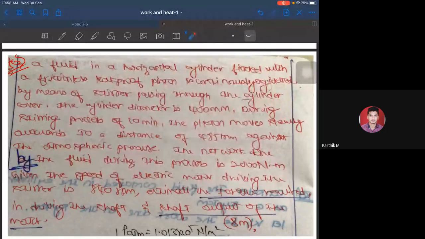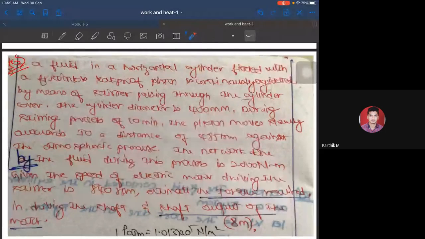The net work done by the system during the process is 2000 Newton meter. So he has given the final answer, which we calculated for the previous problem. So he might ask anything else to calculate.